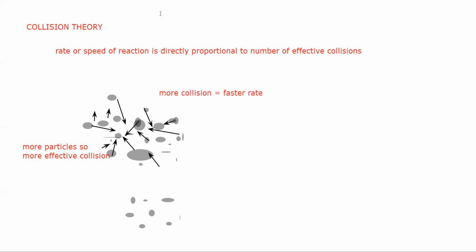So this will react fast, converting into product. In 1 second, more particles of reactant convert into product, but later this will be slower because there are fewer particles, so fewer collisions, which results in a smaller change in the amount of reactant to product.